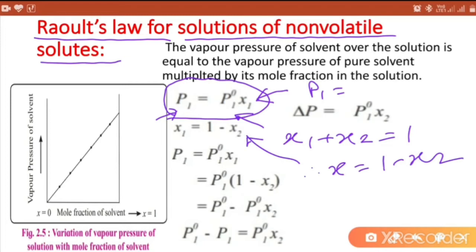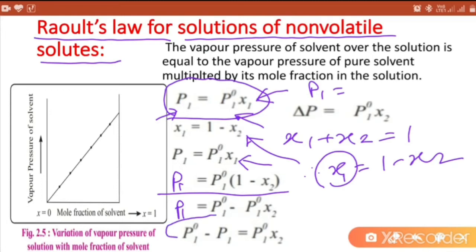By putting the value of x1 in this equation, we get P1 is equal to P1 0 into (1 minus x2) in a bracket, and it becomes P1 is equal to P1 0 minus P1 0 x2, or P1 0 minus P1.